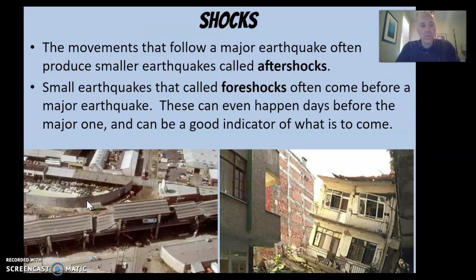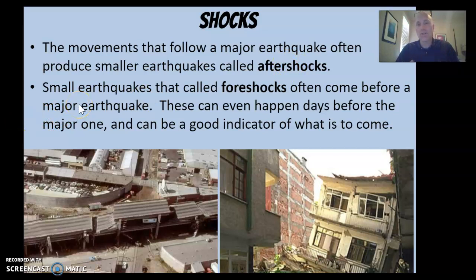Generally when earthquakes occur, you don't just have one shaking. You generally will have small earthquakes that happen before and after the major earthquake. If something happens after the earthquake, we call that an aftershock.